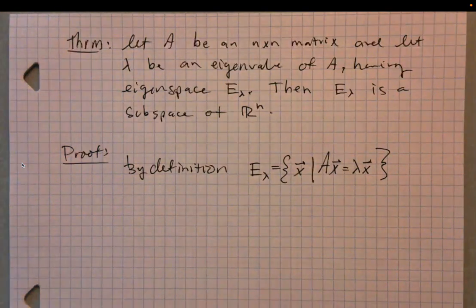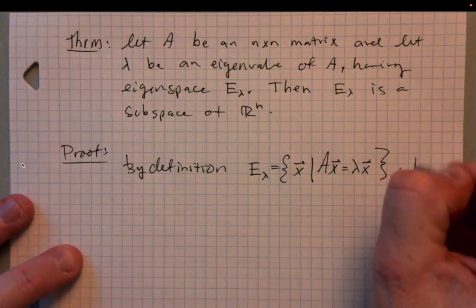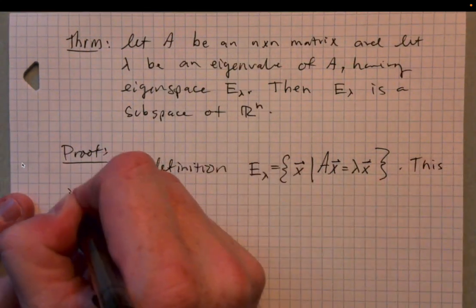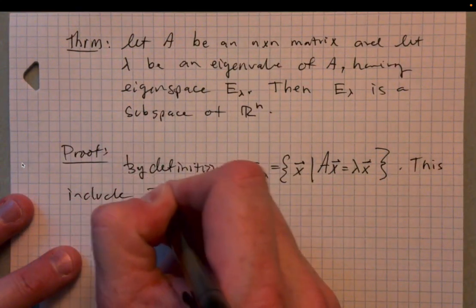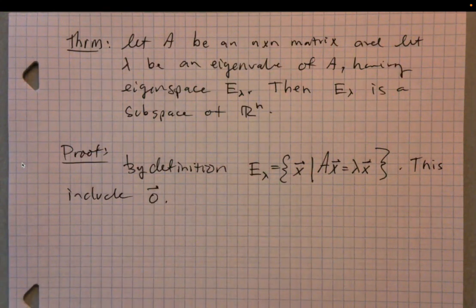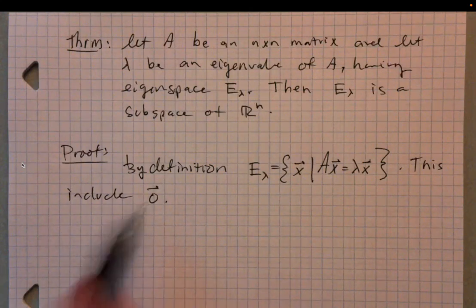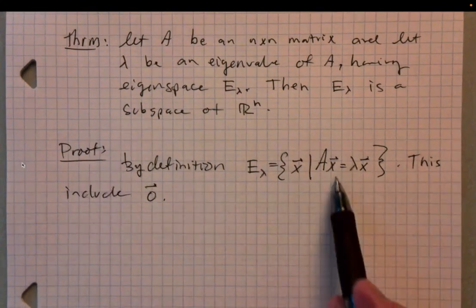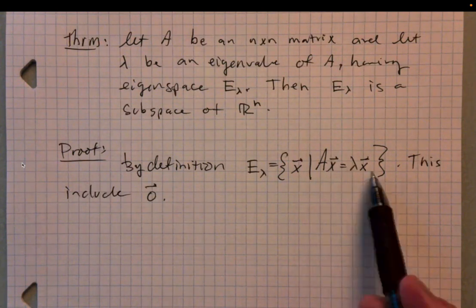That's the definition of the eigenspace. Keep in mind this includes the zero vector. Technically the zero vector is not an eigenvector, but it is part of the eigenspace, because it fulfills this property.